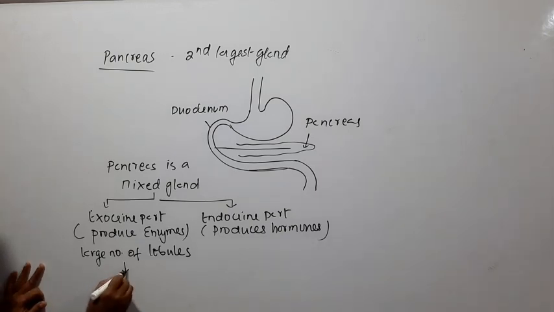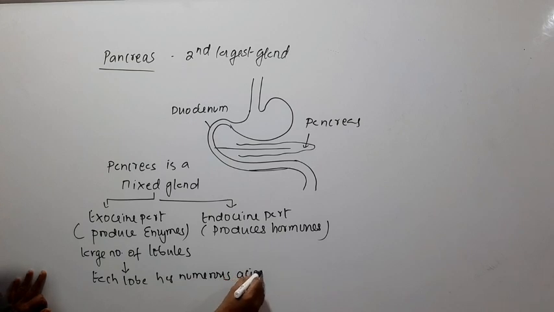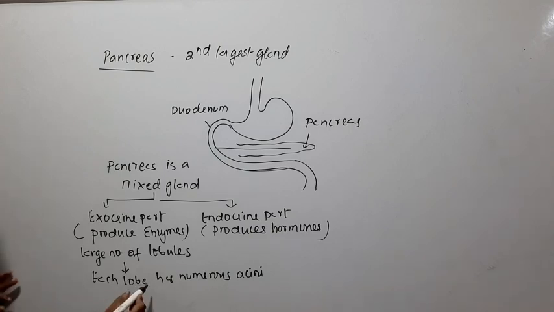So each lobe has numerous acini; acinus is singular, acini is plural. These consist of cells, and they all produce enzymes. The various enzymes I will tell you in the coming part.